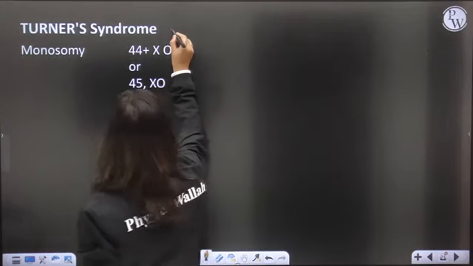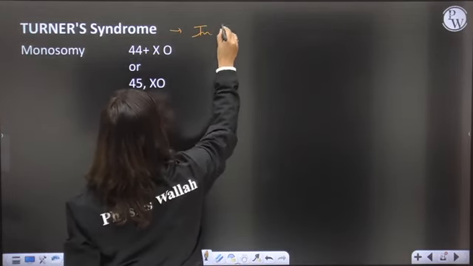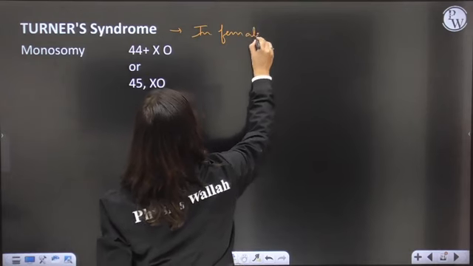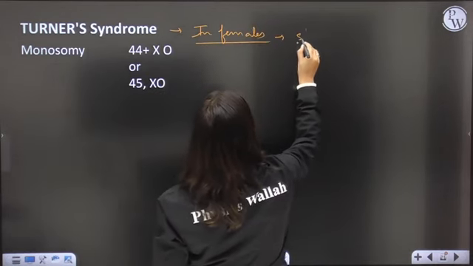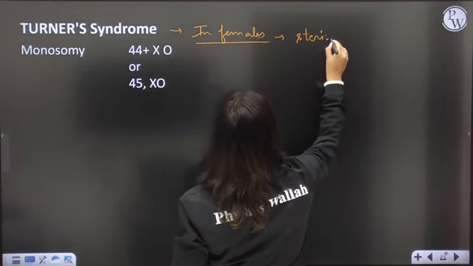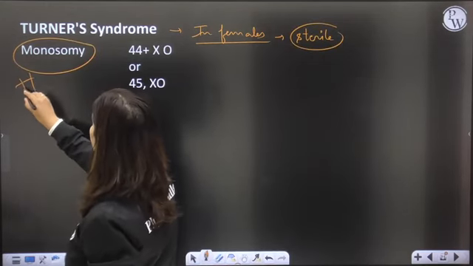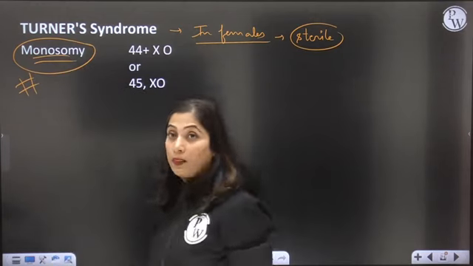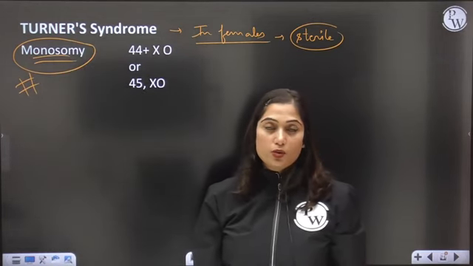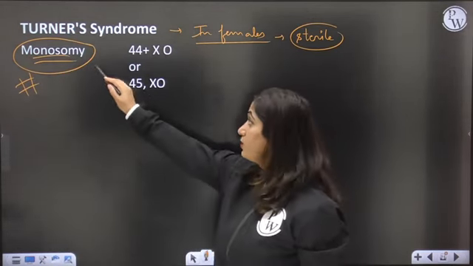Now, Turner syndrome is seen in females, and these females are also sterile, but this is the case of monosomy. Down syndrome and Klinefelter syndrome were the cases of trisomy, but this is the case of monosomy.